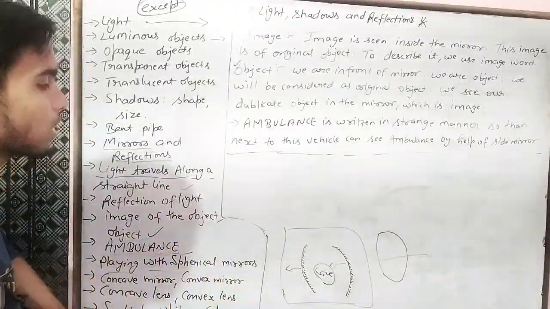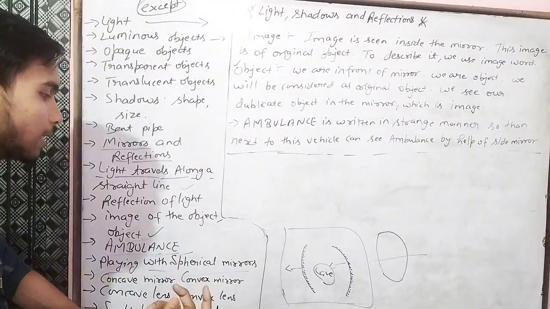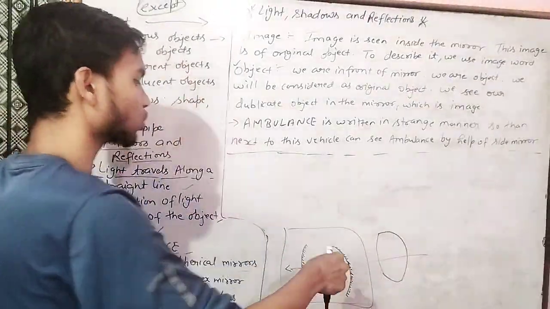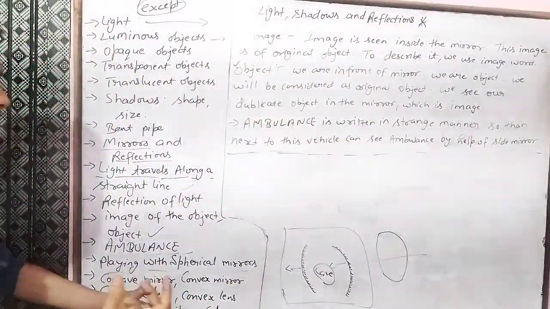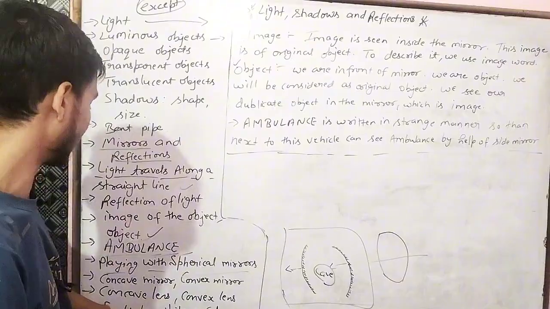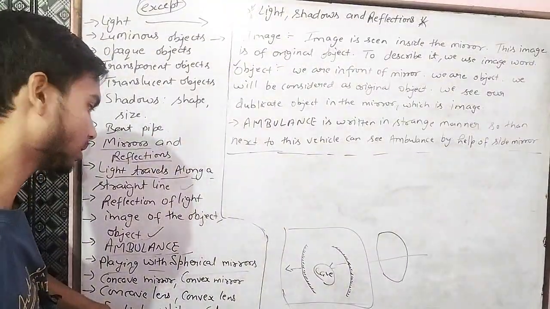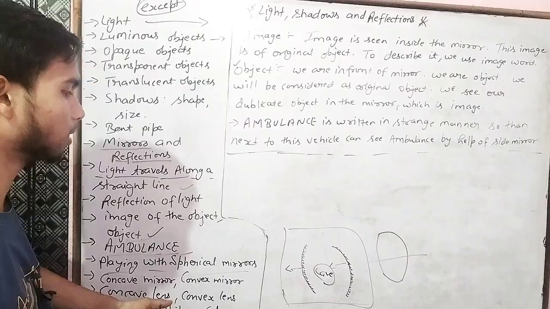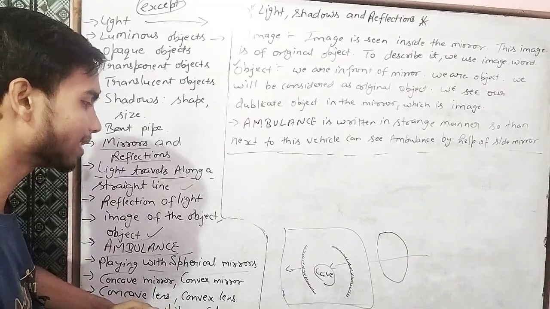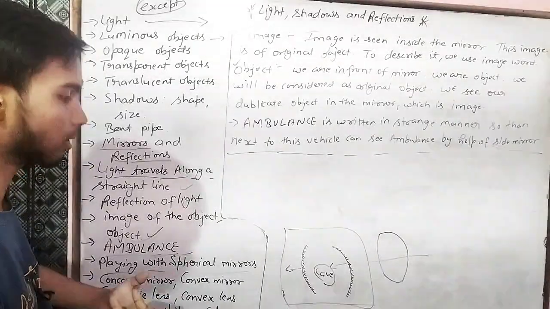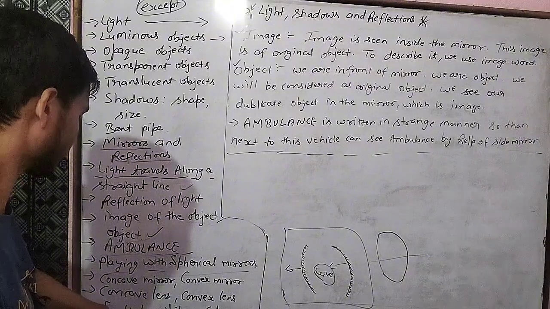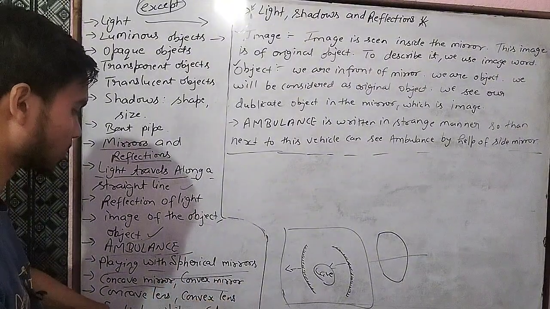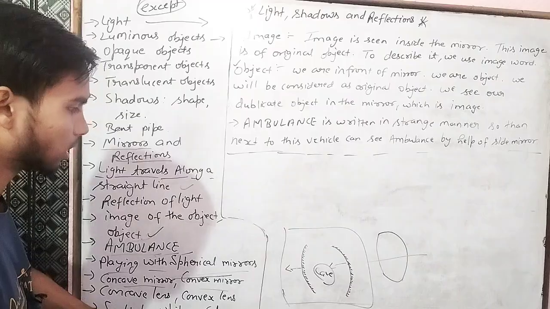The upper surface of the object explains the convex mirror, but the lower surface explains the concave mirror. This was a way to identify mirrors. A plane mirror will be plane, smooth. Concave mirror, convex mirror. I hope we are clear.